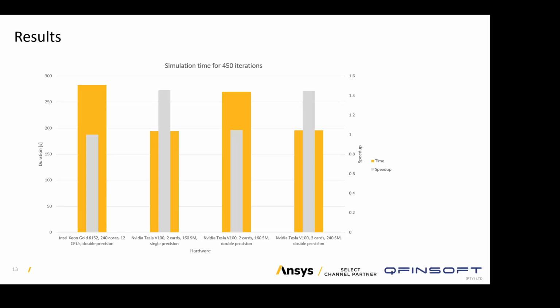So you can see that it is worthwhile investing in GPUs to make your simulations faster and perform more complex simulations in the same amount of time as you would have been able to with CPUs.